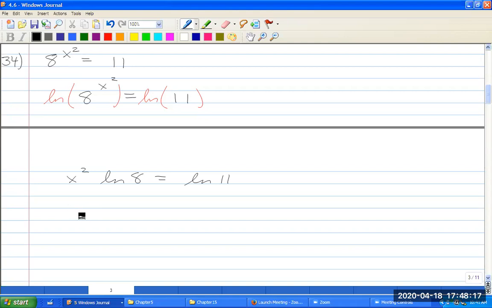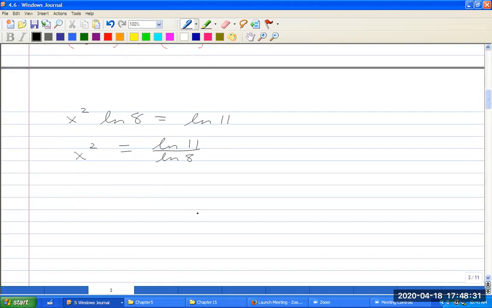Now divide both sides of your equation by ln 8. And so I have that x is equal to plus or minus the square root of ln 11 over ln 8.